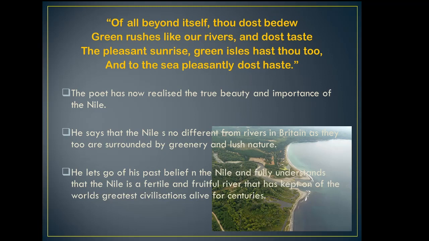This shows that the poet sees a similarity between himself and Africa, himself and the Nile. He lets go of his past beliefs of the Nile and how he thought it was a desert landscape, and he starts to truly believe how the Nile is a fertile and fruitful river that has kept great civilizations alive for centuries.